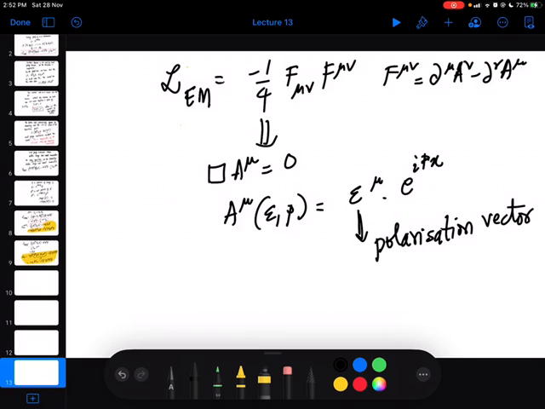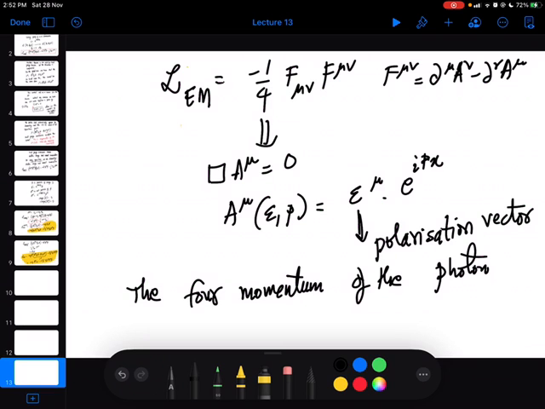Now there are some conditions on this ε_μ. First of all, the photon is massless. So the 4-momentum of the photon, p², is always equal to 0.